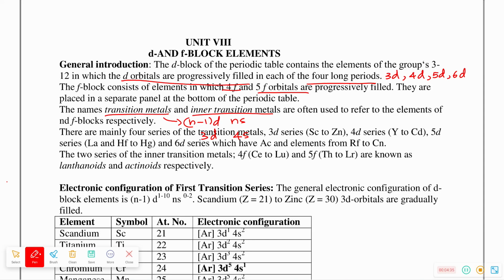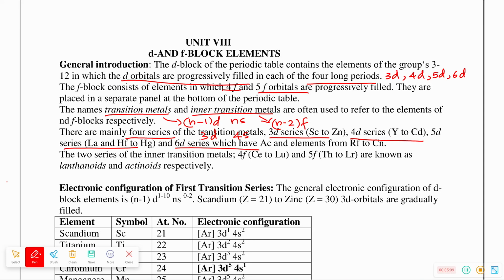Okay, n-1 d. But in the case of inner transition elements, F orbital is progressively filled, that is n-2 F. Lanthanoid means it is 4F and actinoid it is 5F. Clear? Okay. Then coming to D block elements, there are mainly 4 series, which are they? 3D series, 4D series, 5D series, and 6D series.